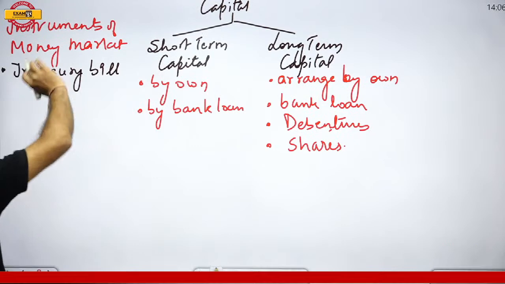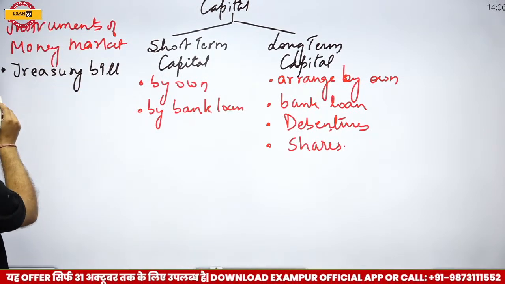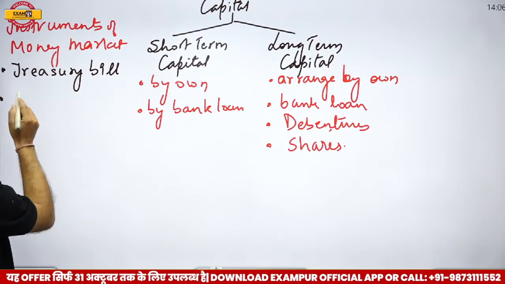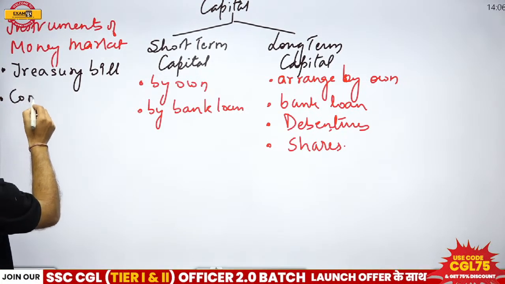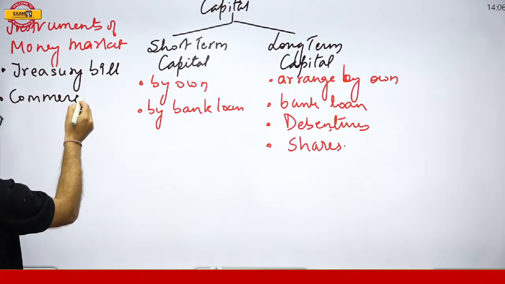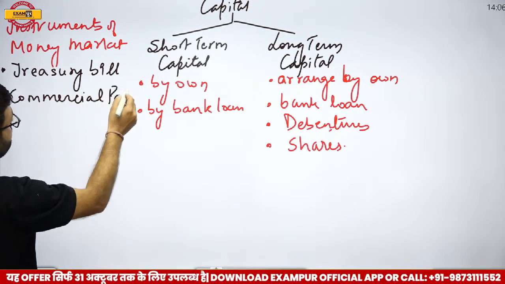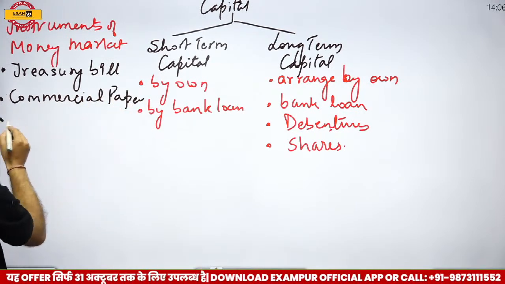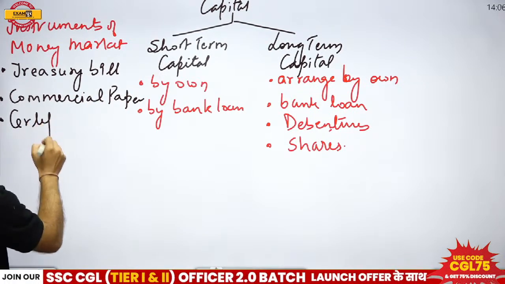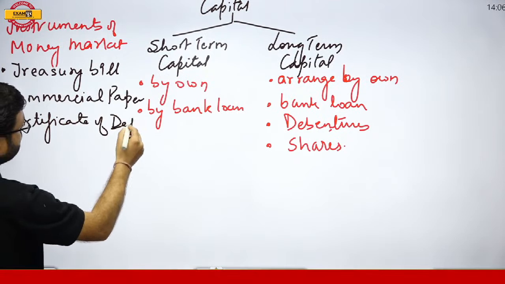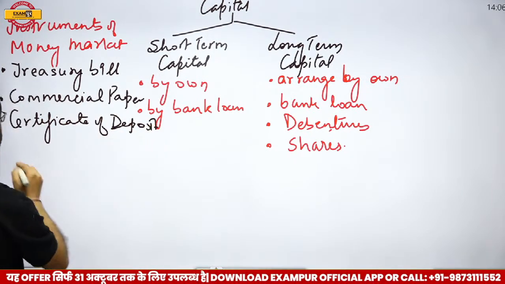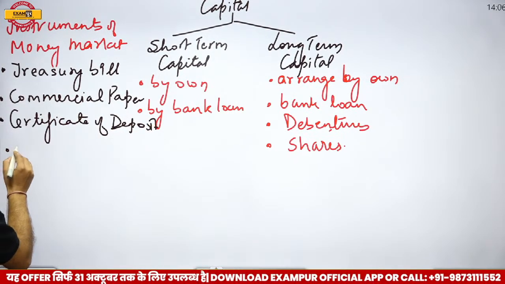So the instruments of money market are treasury bills, commercial paper, certificate of deposit, and call money.